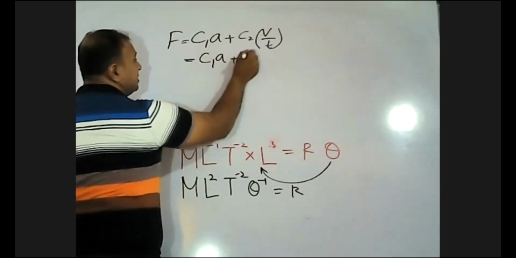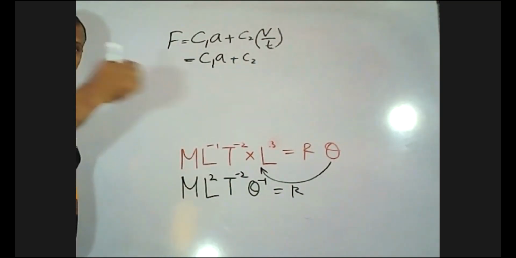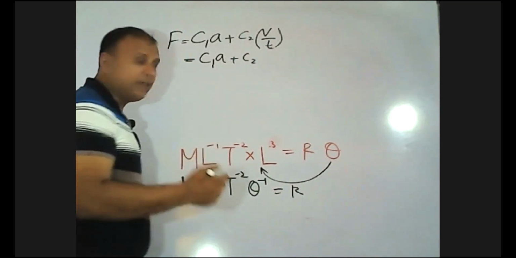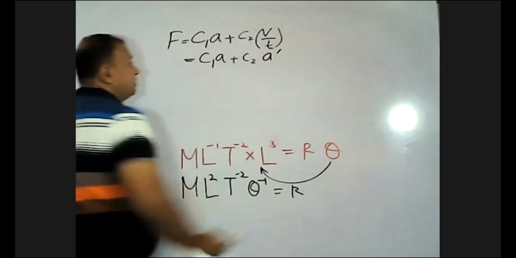V over T means velocity over time, which is again a type of acceleration.